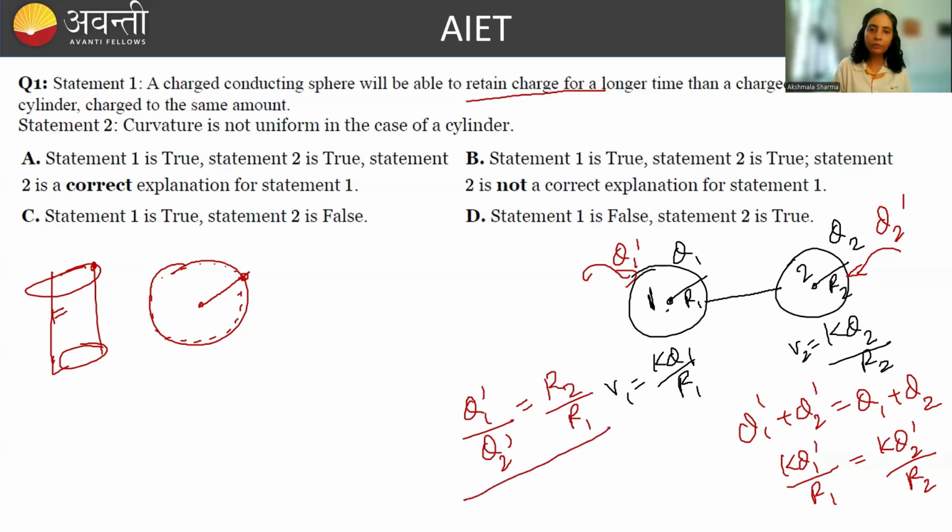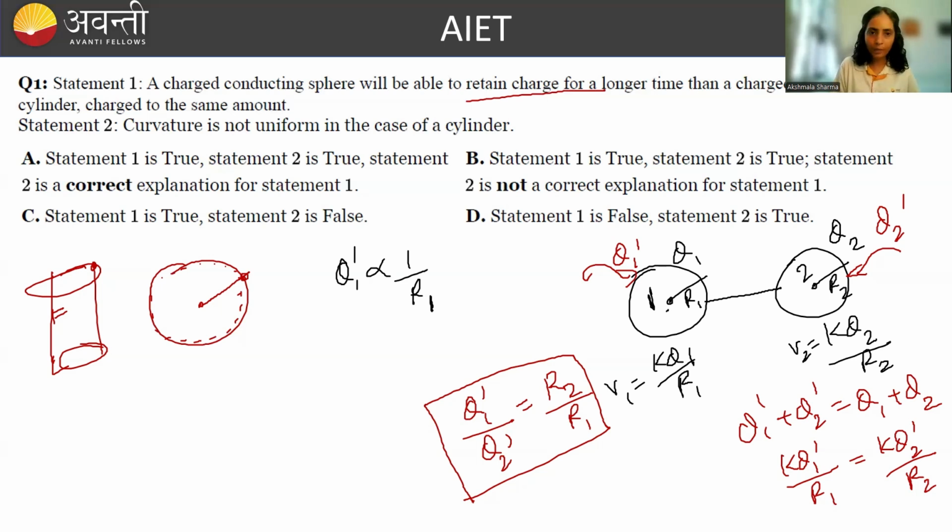It means that if the radius r2 is larger, q1 dash will be smaller; here you see they share an inversely proportional relation. So q1 dash is proportional to 1 by r1. If r1 is larger, q1 dash will be smaller, and if r1 is smaller, q1 dash will be larger.